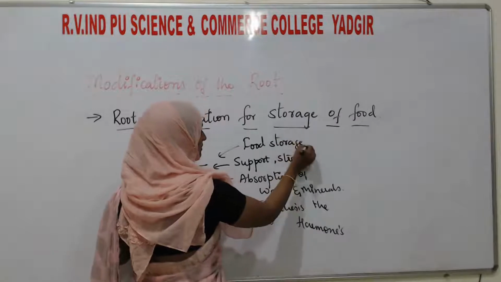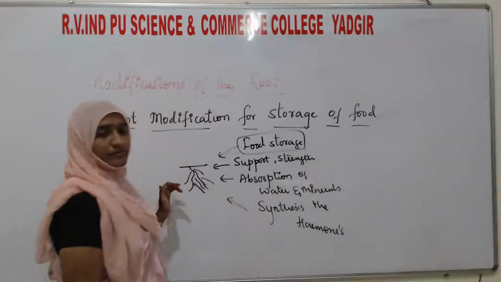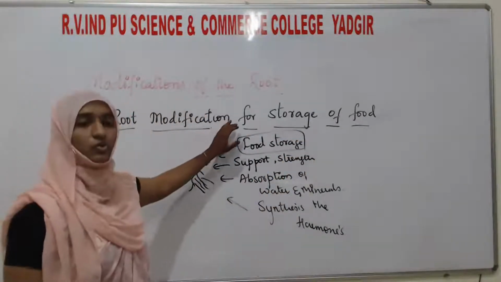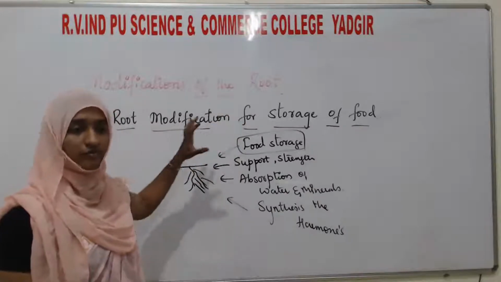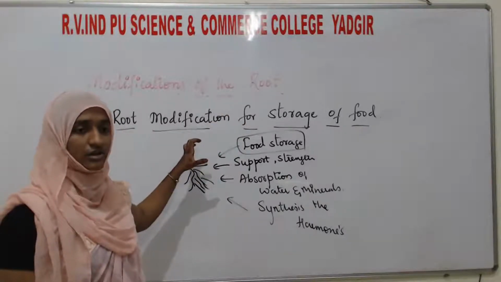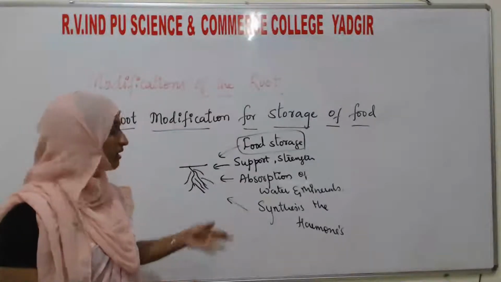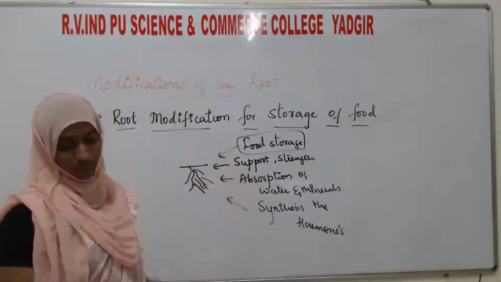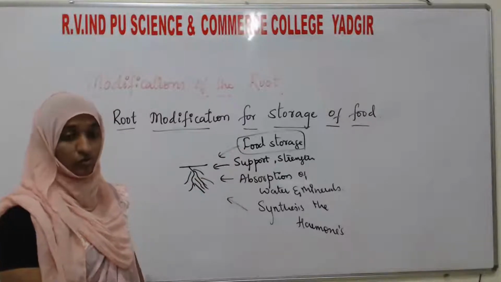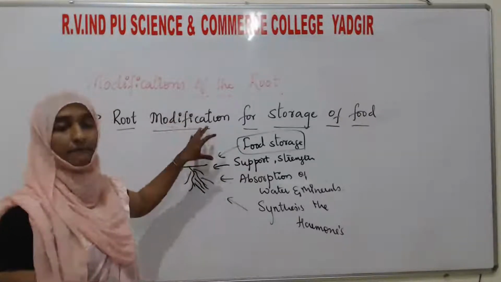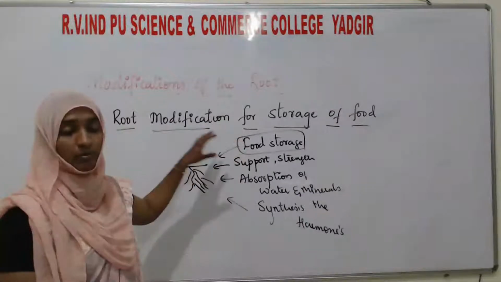Here, not all roots, but certain specific roots are modified themselves for the storage of food. So, what are those roots that are particularly meant for the storage of food?